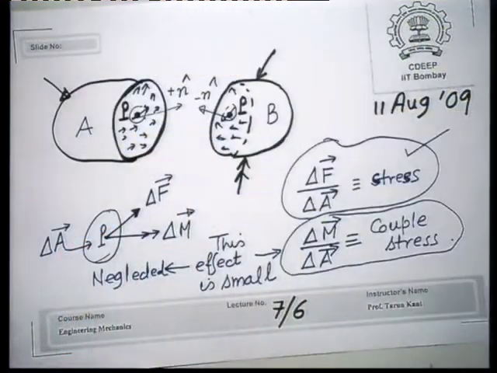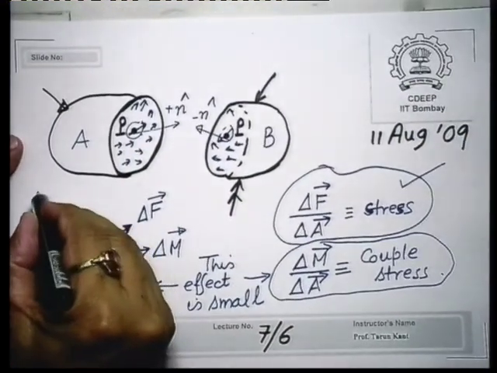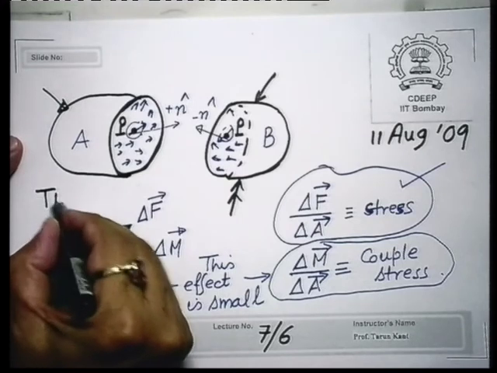If I change the orientation, the stress value changes, because it is force divided by area. Now my area changes, so stress changes. So we call stress a tensor. I will explain later what a tensor is, but right now I will just say it is a tensor.